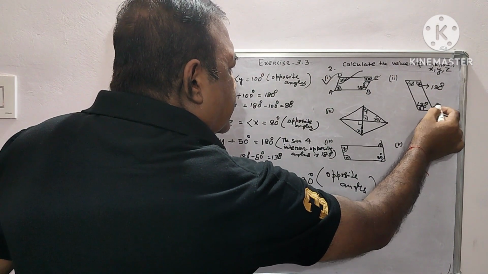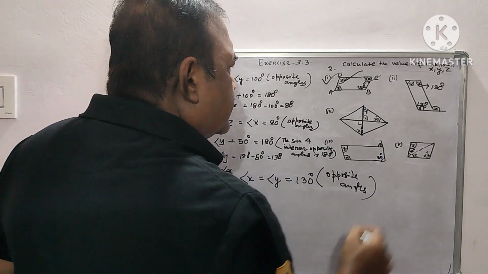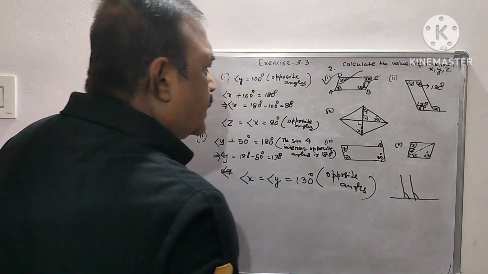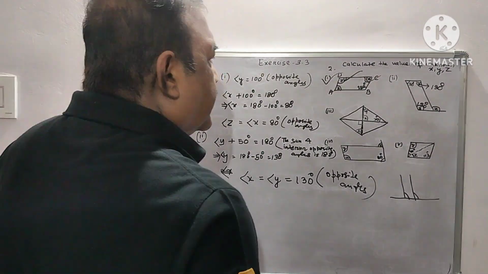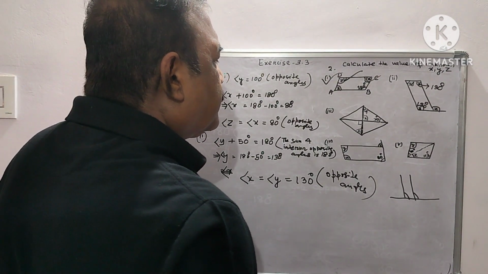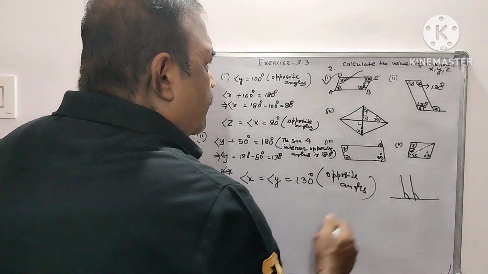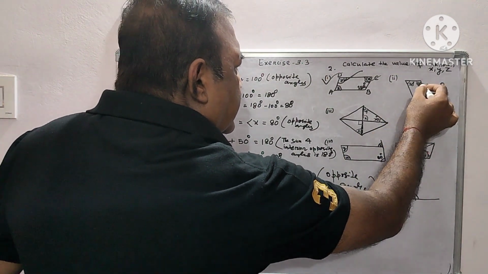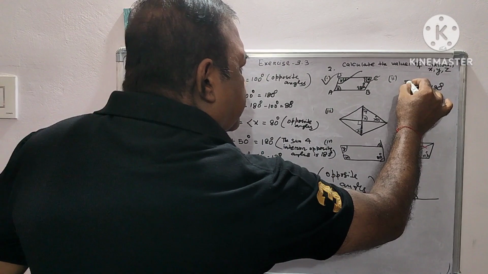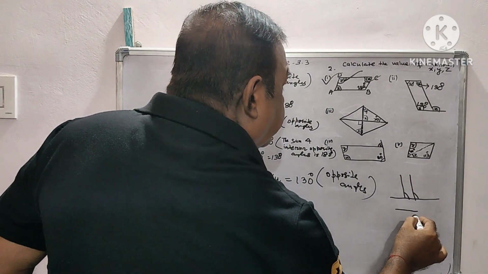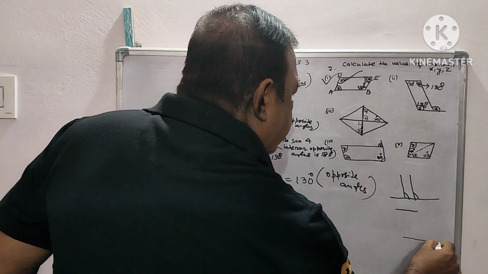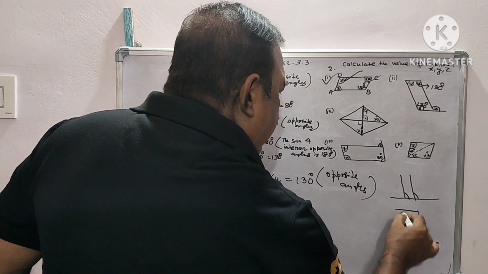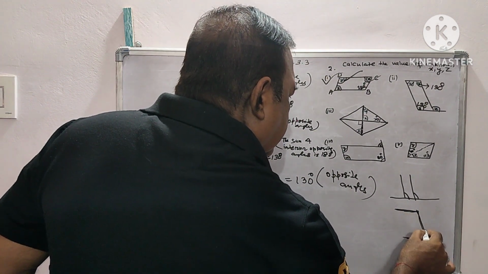And you see angle x and angle z both are corresponding angles like this. This is the transversal, so this angle and this angle are of equal measure due to corresponding angles. In different ways you can solve. Or you may do like this: angle y is equal to angle z, alternate angles, because this side is parallel to this side, and this is the transversal.